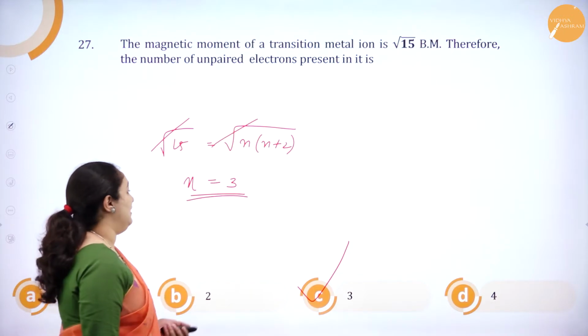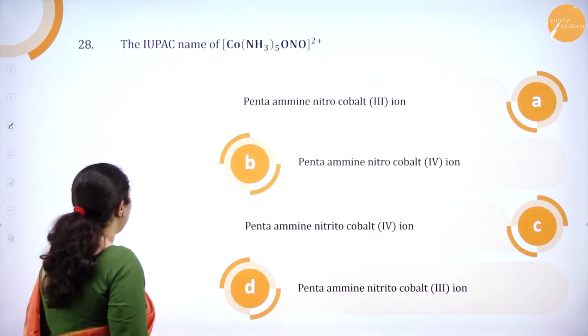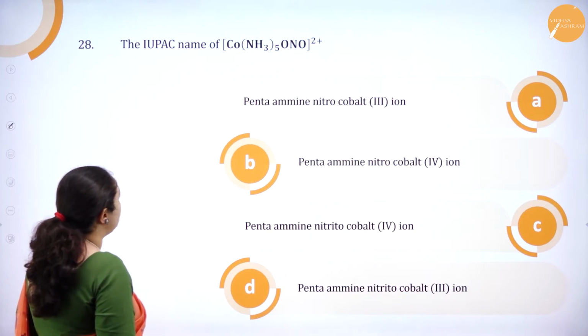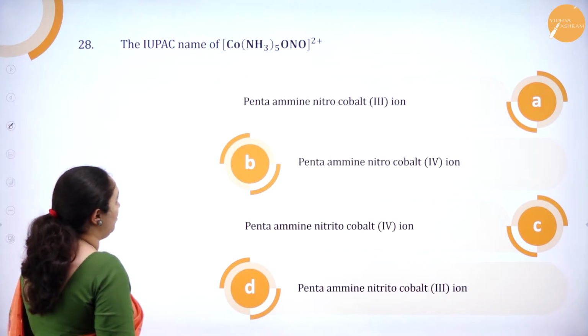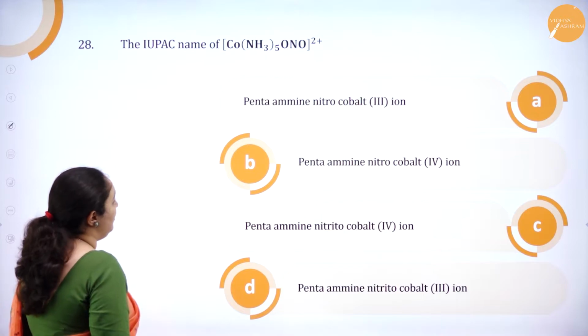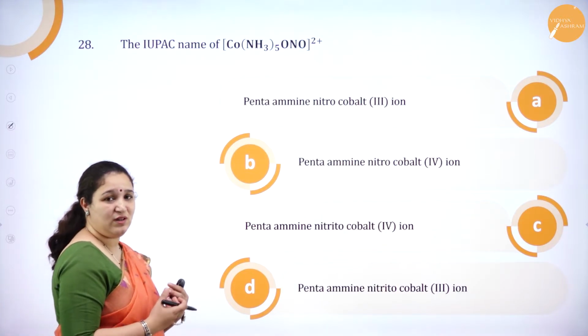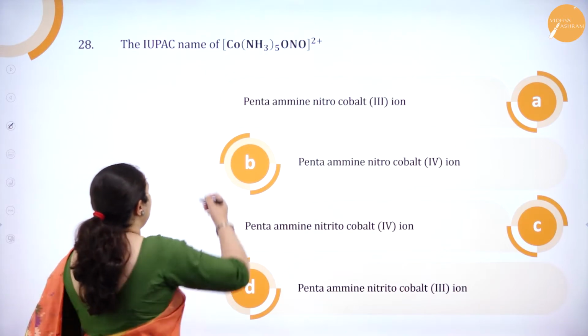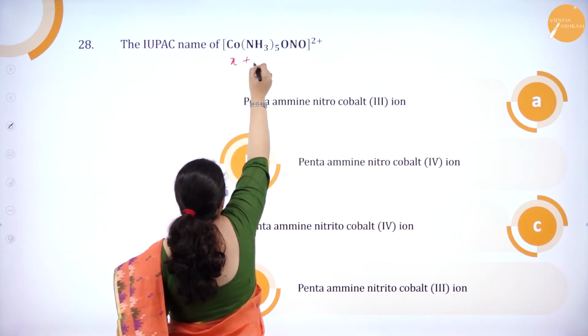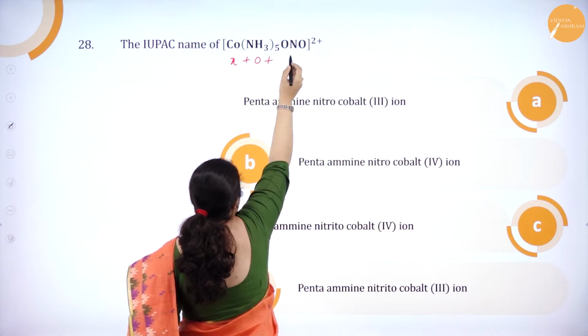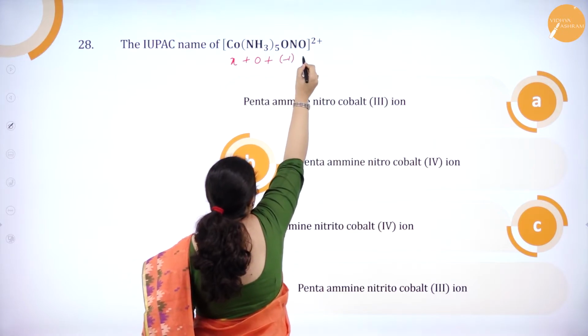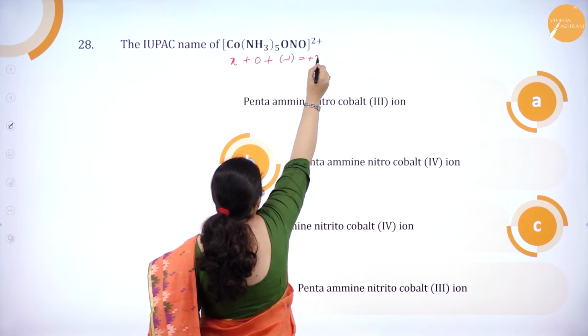Fine. Next question. The IUPAC name of [Co(NH3)5ONO]2+ is, first we'll calculate the oxidation number so that we can filter out the wrong options. Okay, so this is x plus 0 plus ONO minus 1 is equal to plus 2.